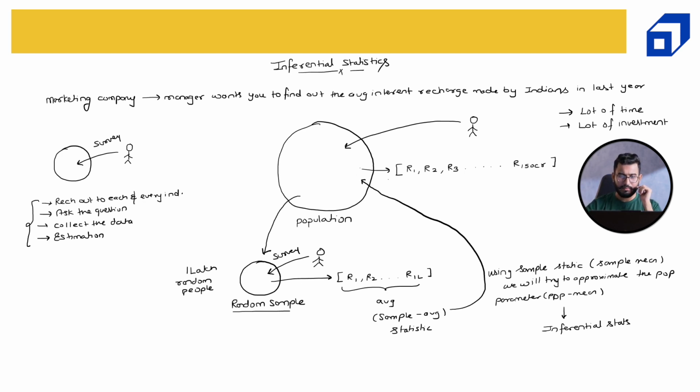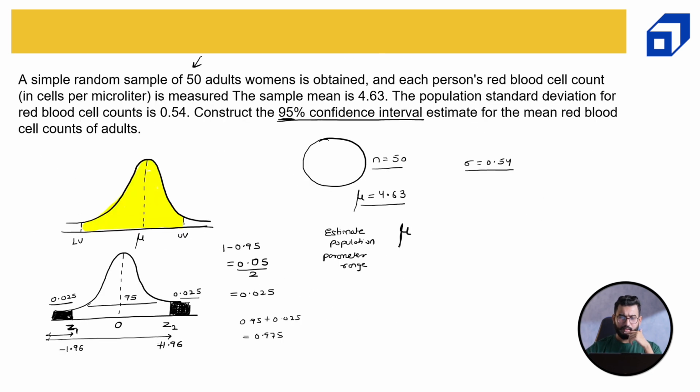So that is what we are trying to estimate. If I go back to my question, to estimate the population parameter range from my sample mean, we will add and subtract z times sigma divided by root of n. What is z? From this value, I am moving 1.96 standard deviations below the mean and 1.96 standard deviations above the mean.